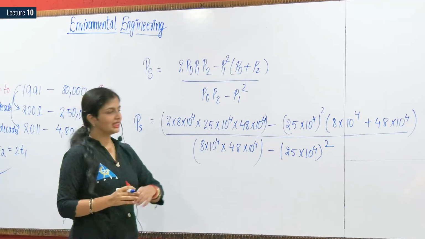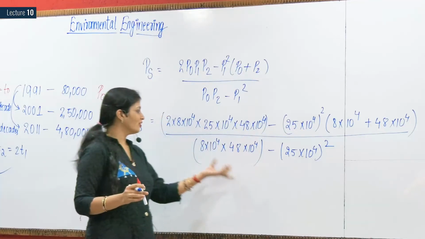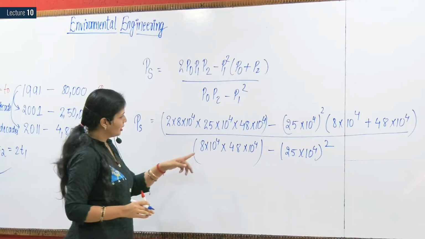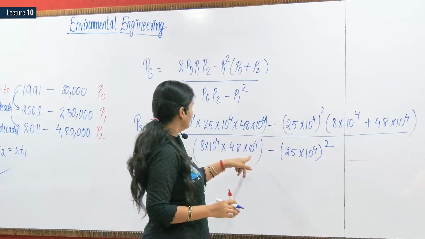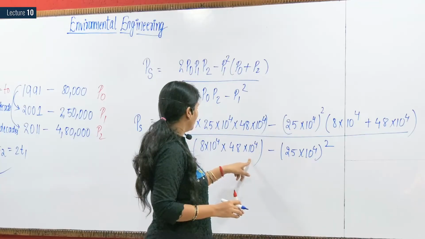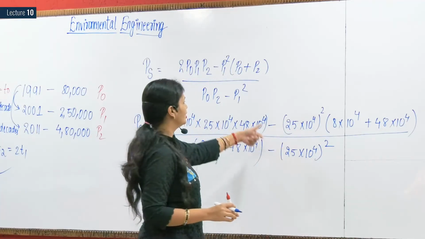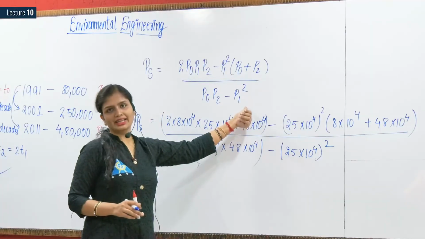We have substituted these values in the given equation and we'll solve it to get the answer. You can see that 10 raised to power 8 from here and 10 raised to power 8 from here will get cancelled out.